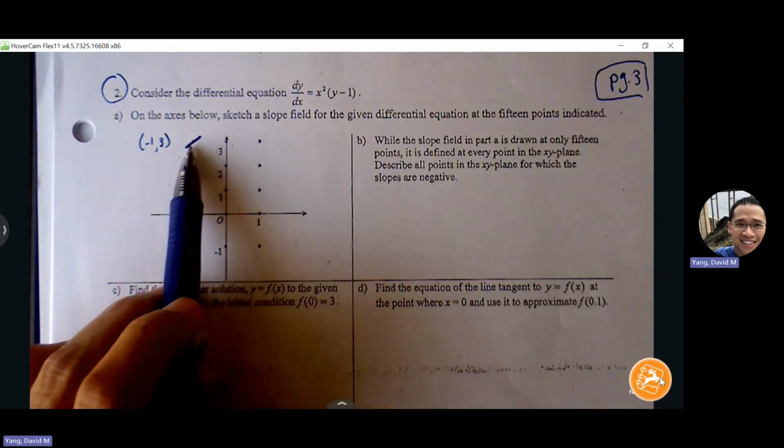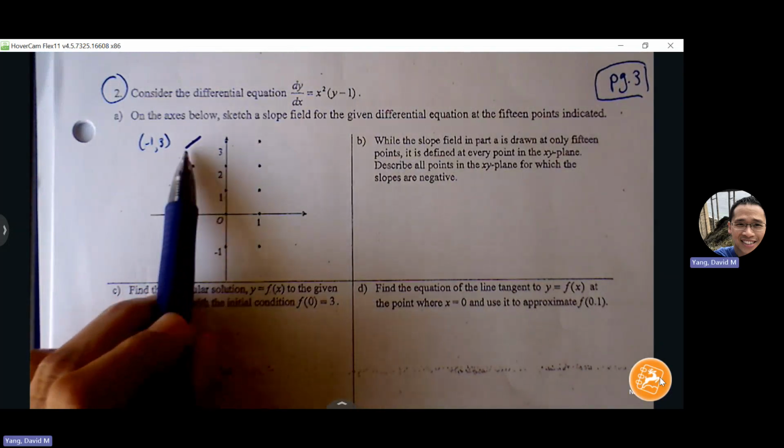Oh, that's just the location of this point. Isn't it? Like 1, 1, 2, 3. Yeah.